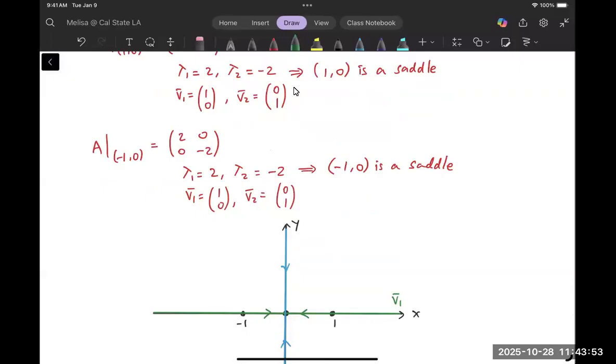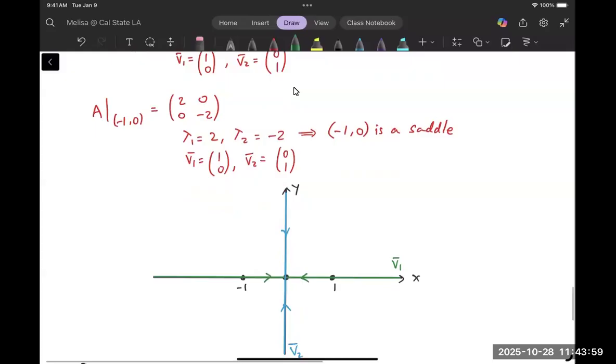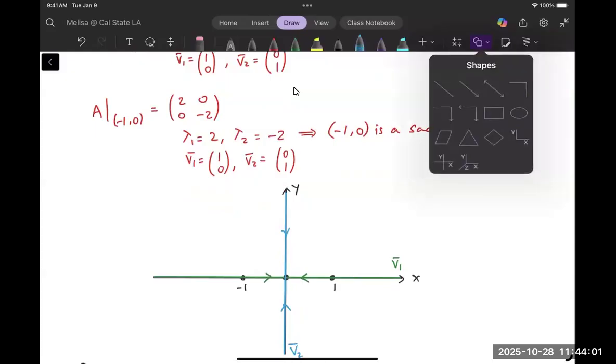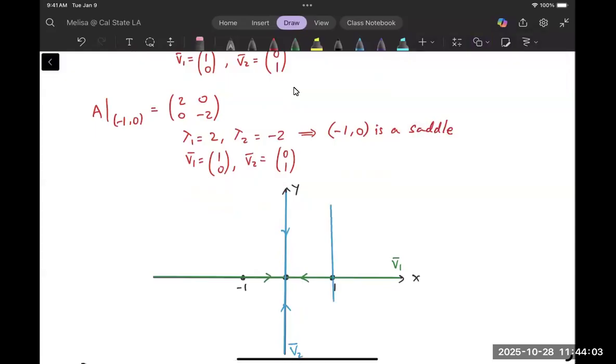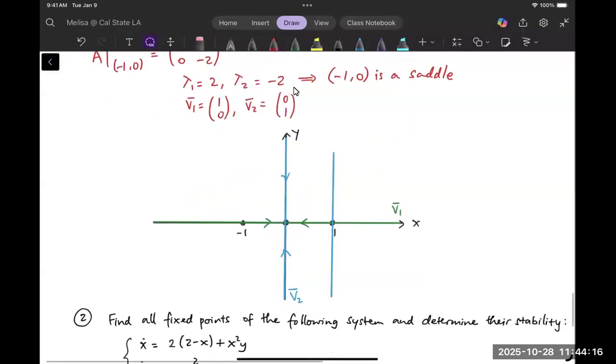But when you sketch the span of V2 from the point 1, 0, then we will have this line over here. That's your V2 for the second fixed point.